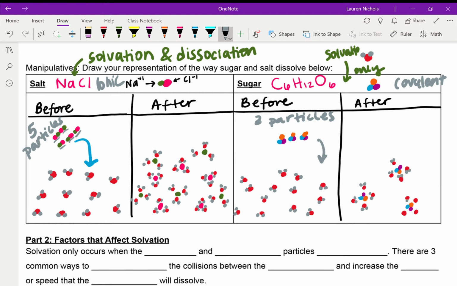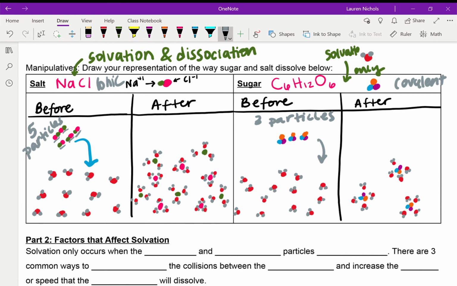They could all be pointing towards or away or apart from it, but the main thing is that the water is surrounding the particles and keeping them separated, and so that is solvation. So again, salt, which is ionic, undergoes solvation and dissociation, but sugar only undergoes solvation.